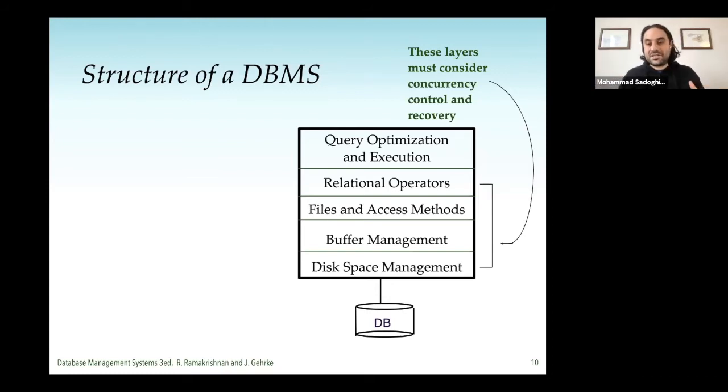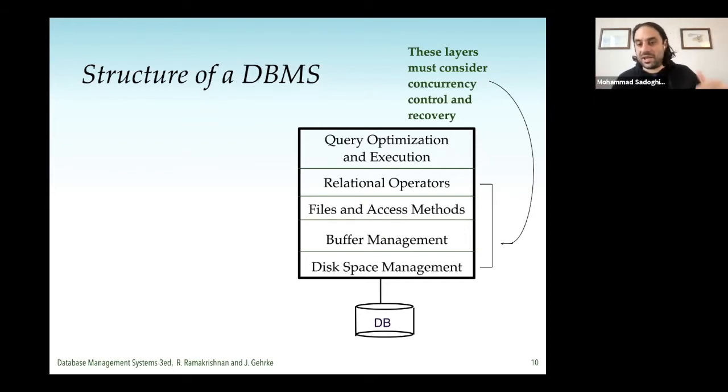Now, the final layer is to really talk about the query optimization and the query execution. Given a query, if it's just a get or put, then it's very simple. We can scrap the query optimization and relational operator, because you just have an API access of gets and puts.